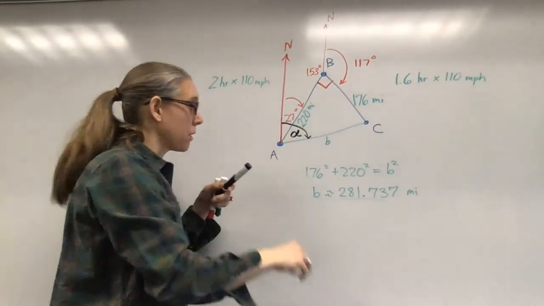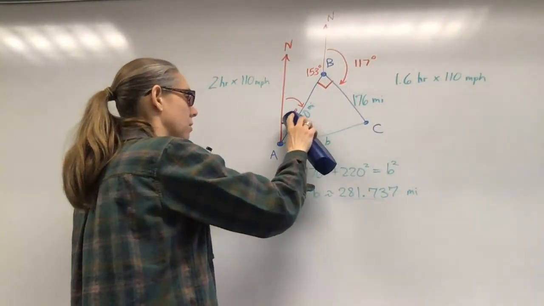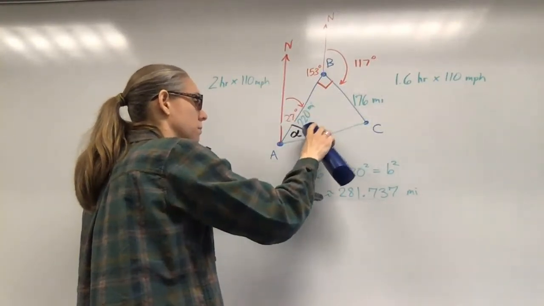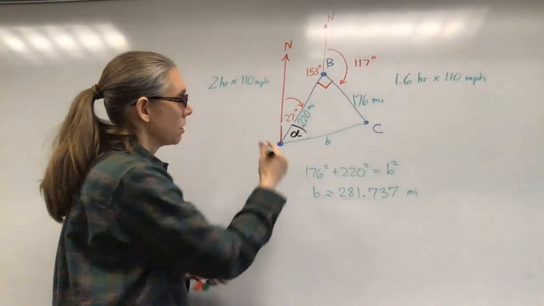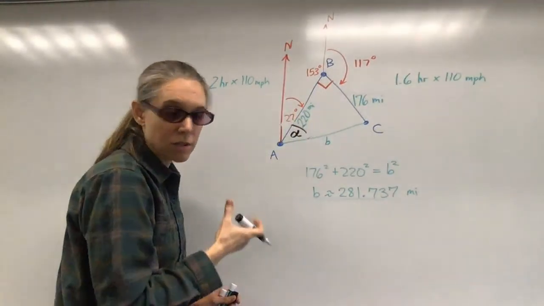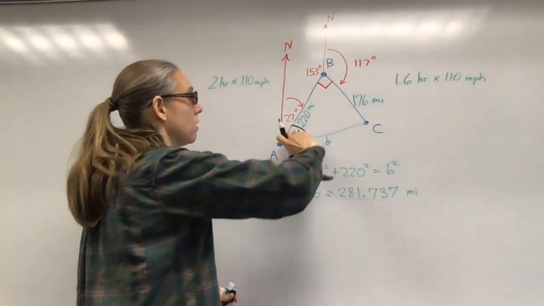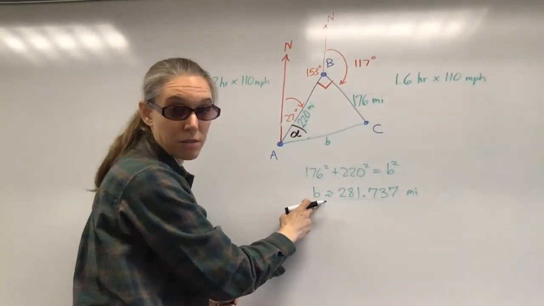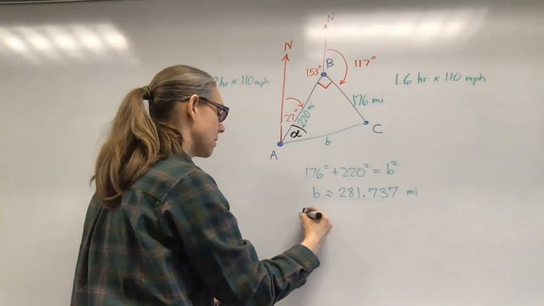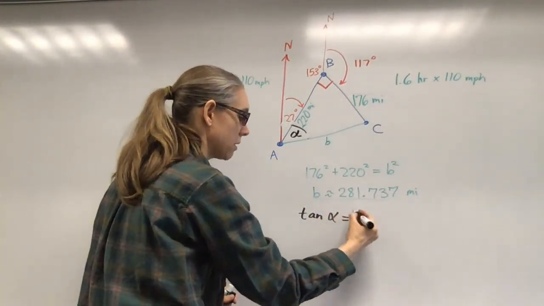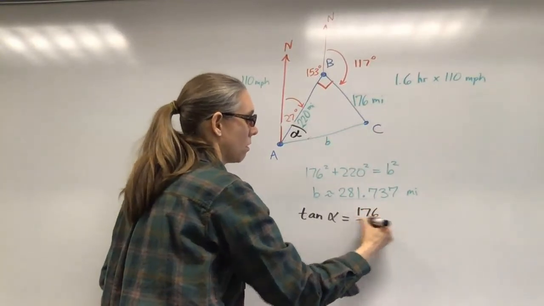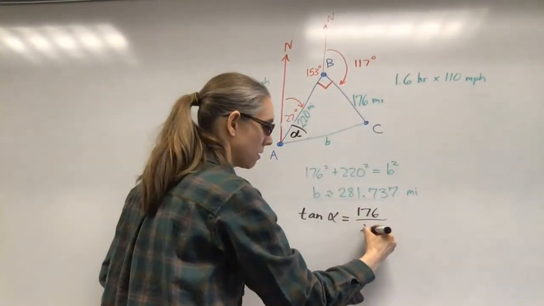So how do we do that? Well, alpha right now is only representing this angle in the triangle. Alpha is going to be found using a SOHCAHTOA ratio. We can use tangent, for instance, that way we're not using a rounded value. The tangent of alpha is equal to the opposite over the adjacent.